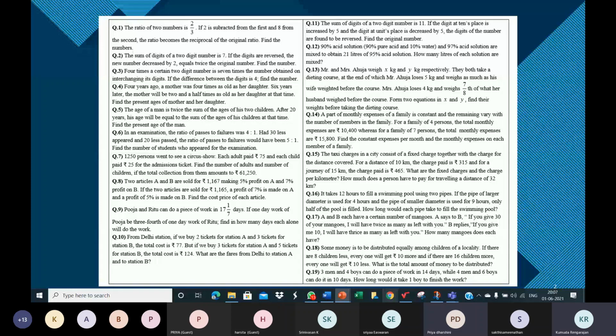Yeah, correct. This equation is 107x plus 105y equals 1,16,500, ma'am. Perfect. Yeah. I'm sure Shri also got the same thing.